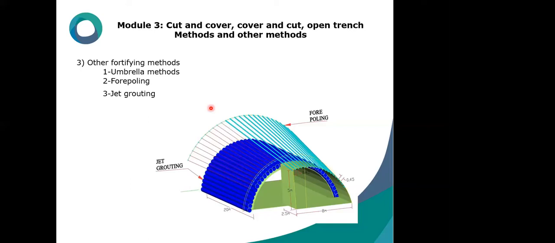Also, we're gonna discuss other fortifying methods such as the umbrella method, forepoling, and jet grouting in this module. In fact, these are soil improvement techniques which help accelerate the construction rate and increase the reliability and safety.